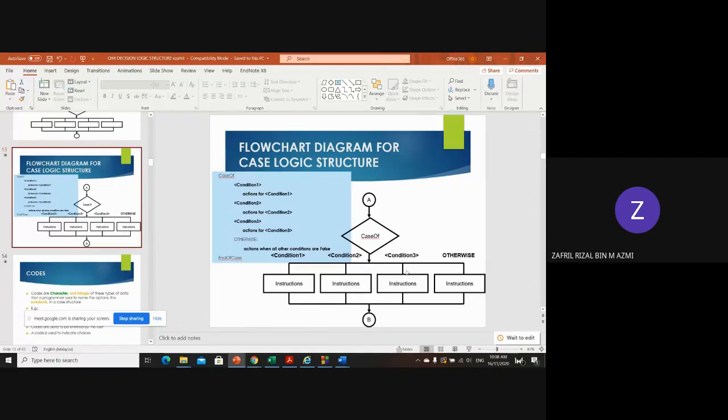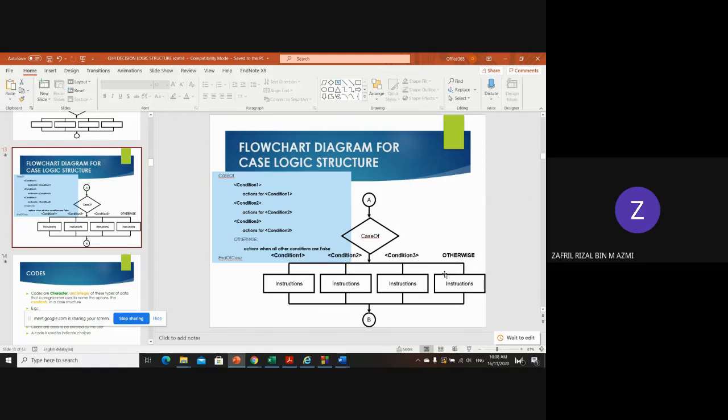Compared with the if-else structure, the case logic structure only consists of one diamond to check the case, right? And then each of the conditions will be separated into different parts.